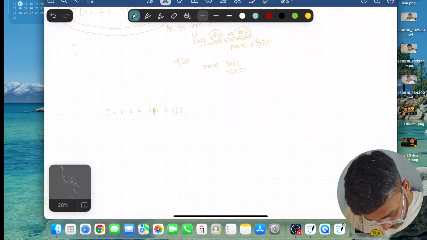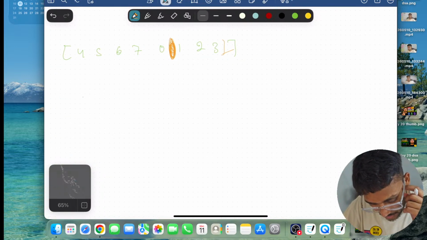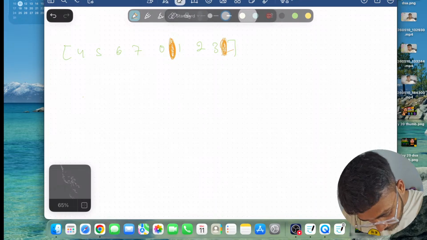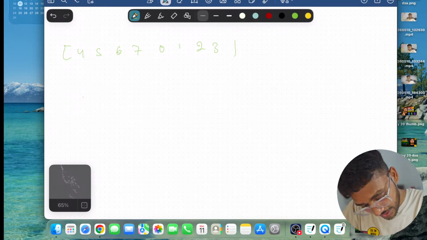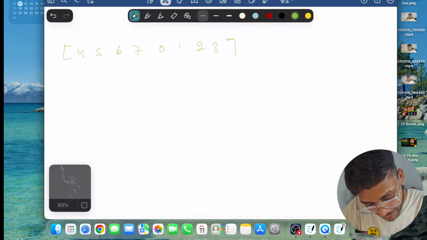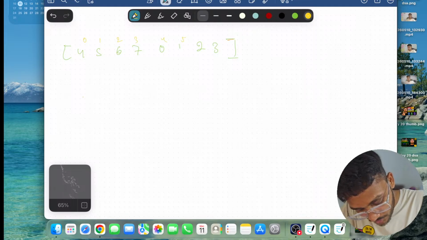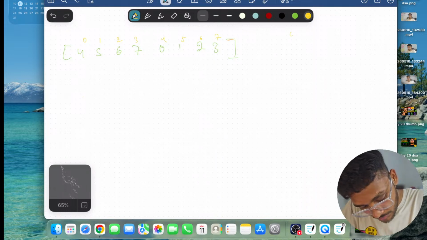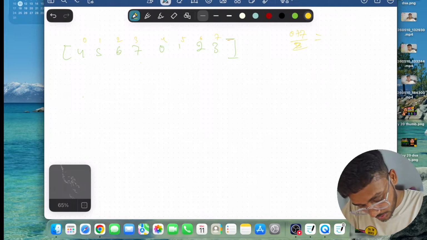I think I had made some mistake here. 4560123. The time I took to reshape it, I think I used 0, 1, 2, 3, 4, 5, 6, 7. These are the numbers. So start will be, I'm gonna write right side. So 0 plus 7 by 2, that is 3.5, sorry, my bad, 3.5 is nothing but 3.